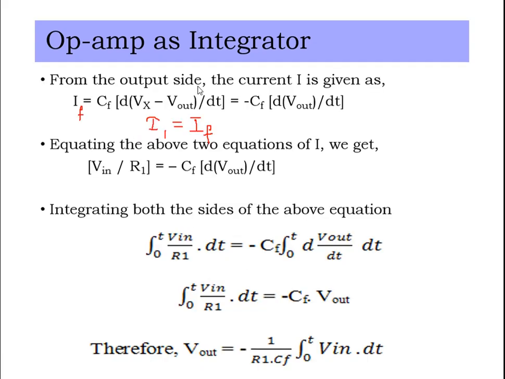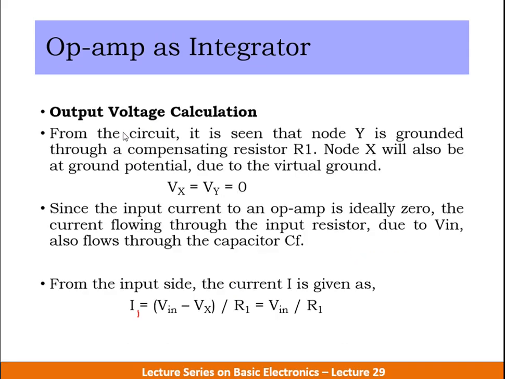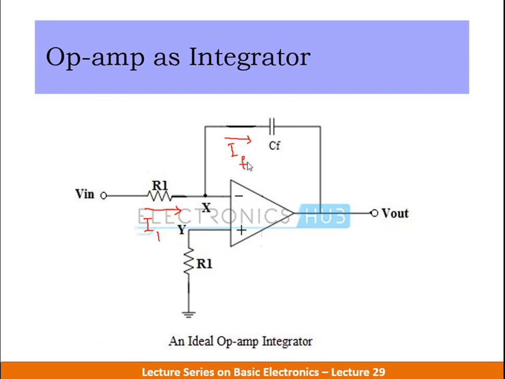From the output side, the current If is the potential difference between this point and this point. We know that the current through a capacitor is given by I equal to C dV by dt.